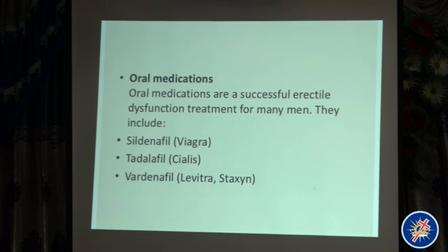Those are drugs that people use, but they are given on prescription. These are not drugs you just go and buy because you want to feel macho, to surprise your wife. No, these are given by prescription.